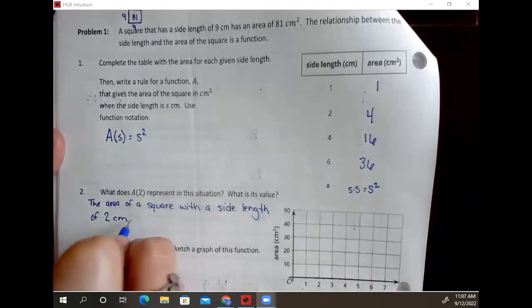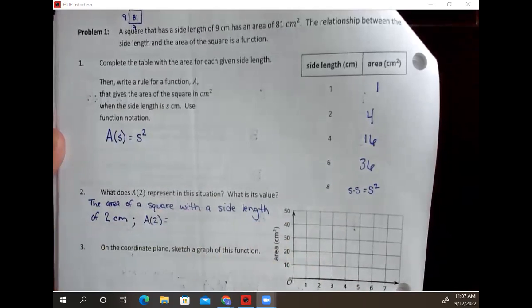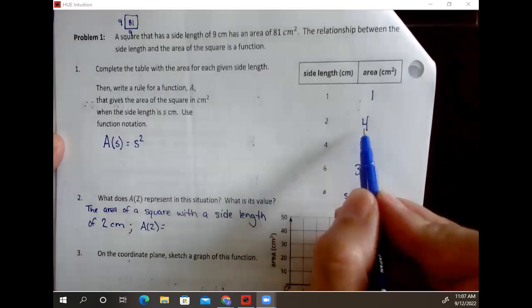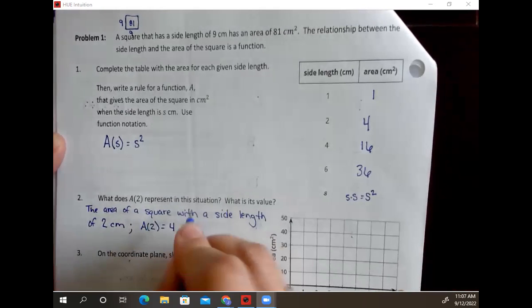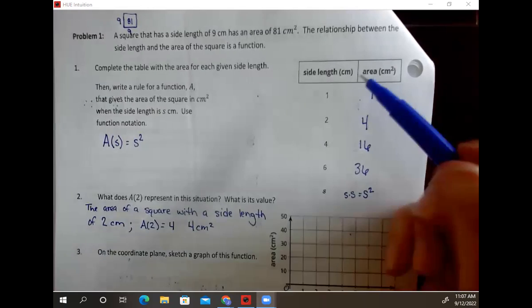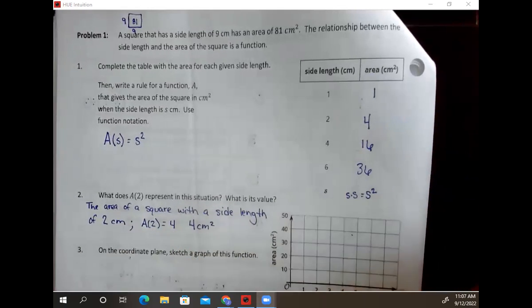And then the second part here says, what is its value? So A of 2 is equal to what? 4, right? From our table, side length of 2, area of 4. So our area is 4 centimeters squared. So we've got a table here that we could use. A of 2 equals 4.